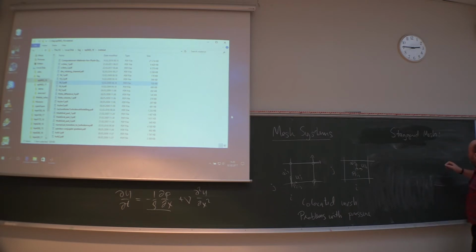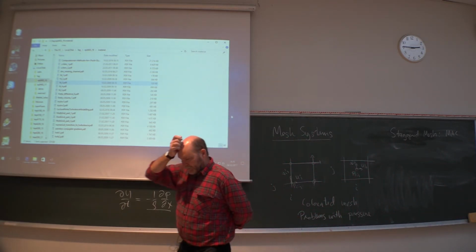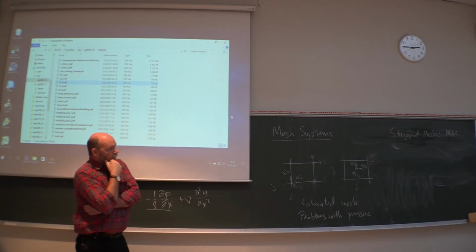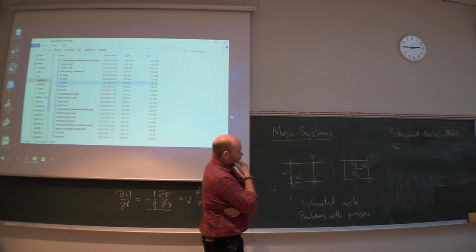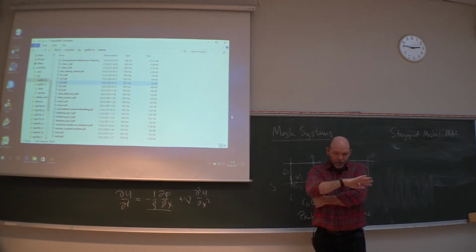And they called it marker and cell, MAC. It was an article by Harlow and Welch in '67, I think, where they tried to simulate a two-phase flow, a free surface.